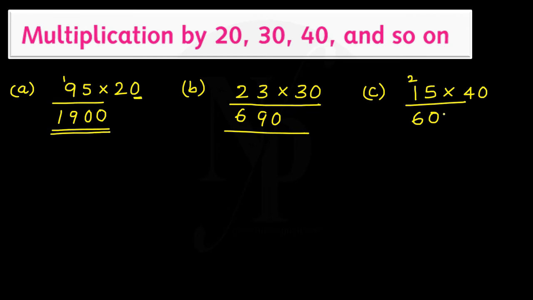So on multiplying 15 by 4 we get 60, and this 0 is written in the ones place of the answer or product. 600 is the required product of 15 and 40. So like this we can multiply any given number by 20, 30, 40, 50, 60 or so on.